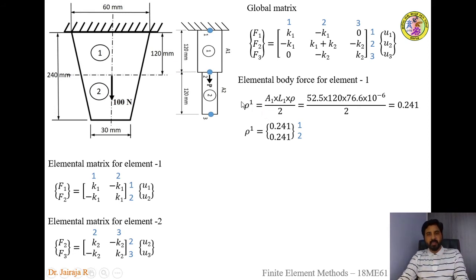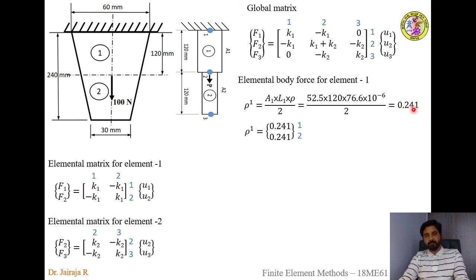Here, if you consider only body force, the elemental body force for element 1 is calculated with the equation: body force 1 is equal to A1 L1 into rho divided by 2. If you substitute the A1 value, L1 value and weight density of the material, divided by 2, body force 1 is 0.241.